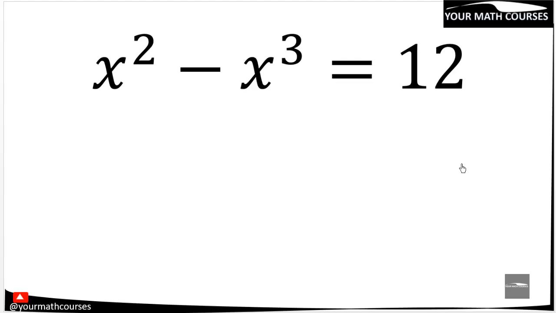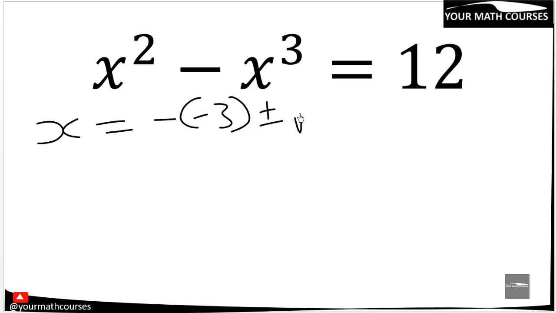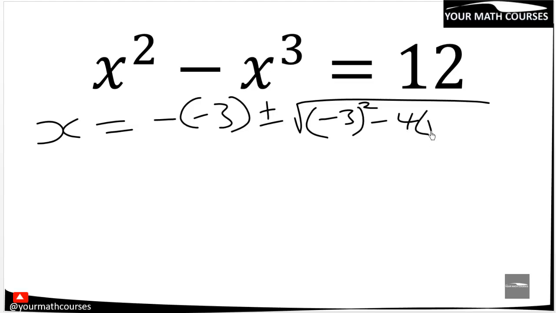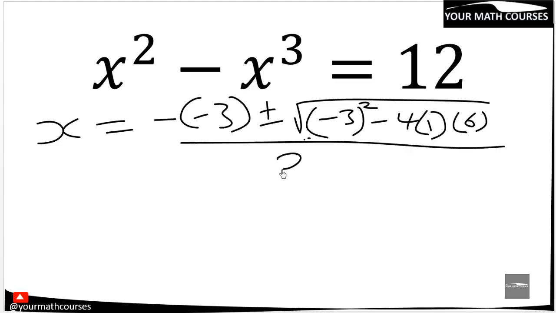So we have x equal to -b, b is -3, plus or minus square root of b squared, so -3 squared minus 4ac, a is 1, c is 6, all over 2a, 2 times 1.